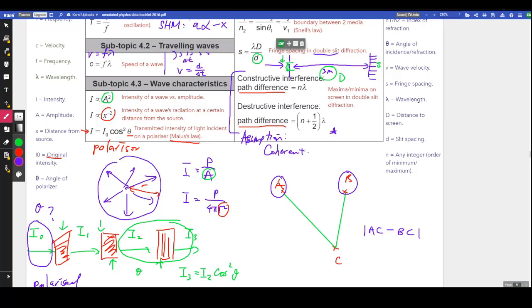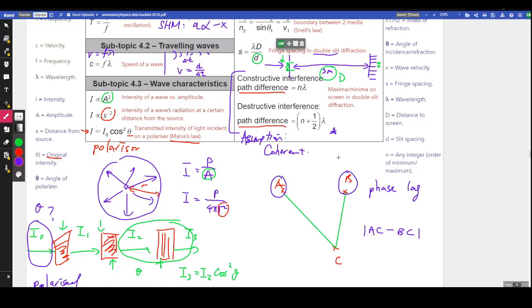Coherence means when A sends out the wave, B will also send out the wave at the same time. So there's no lagging, or more precisely, no phase lag between the two sources. They will be in phase throughout the whole situation, and this is important to make the equation valid.